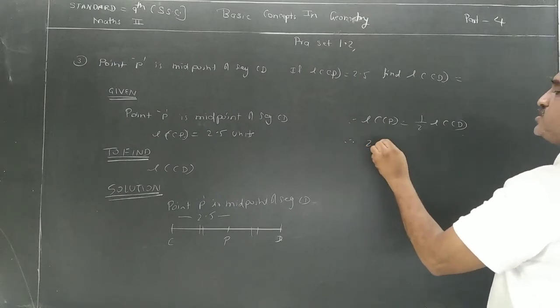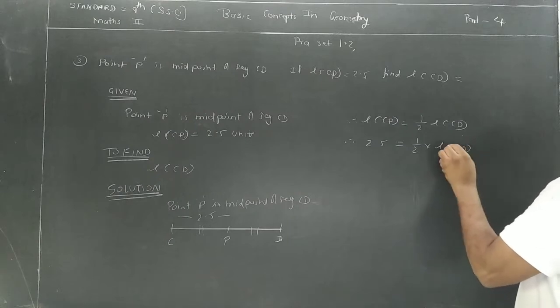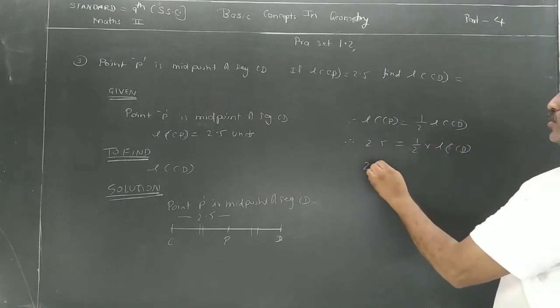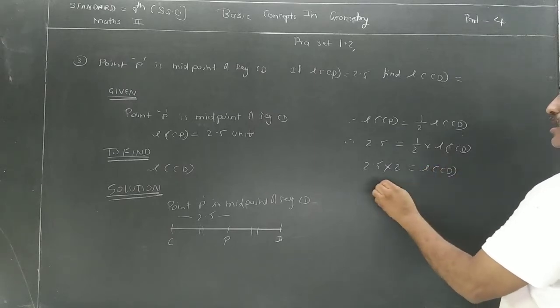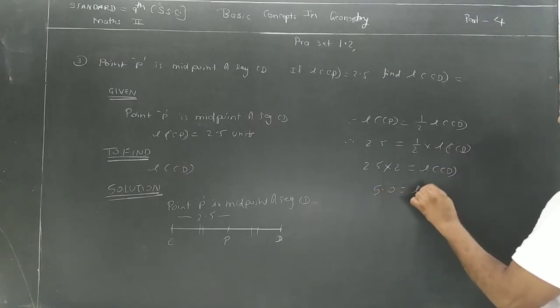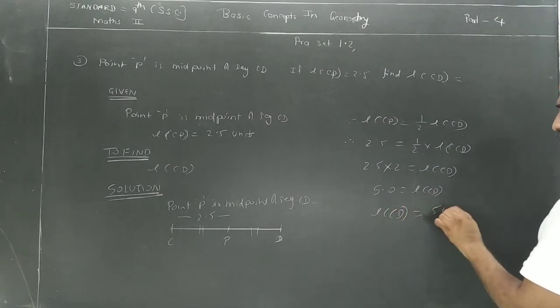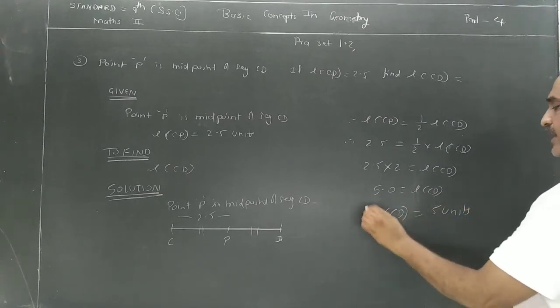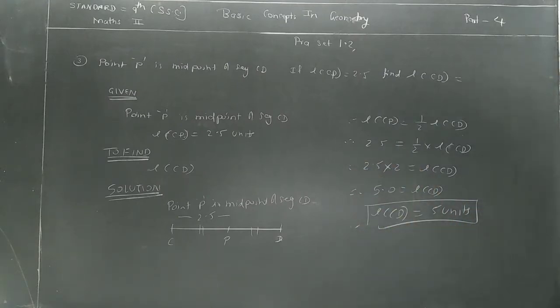So 2.5 is equal to half into length CD. 2.5 into 2 is equal to length CD. 5.0 is equal to length CD. And length CD is equal to 5 units, that you put in the box. This is the answer. Copy down this.